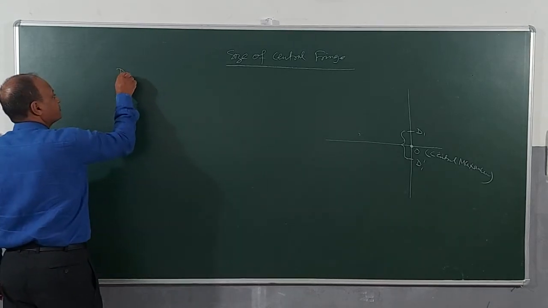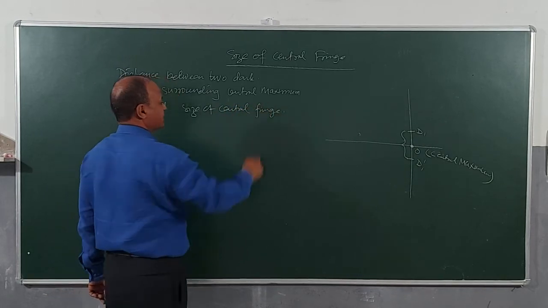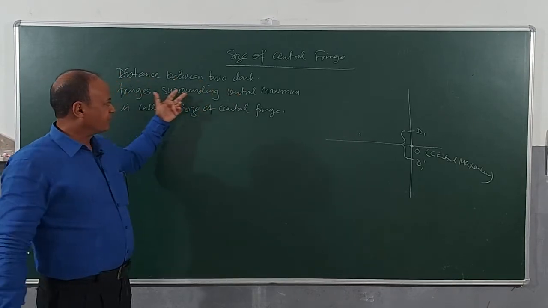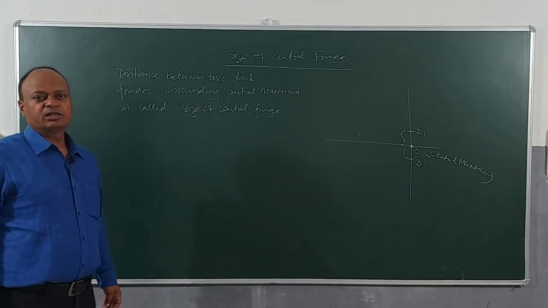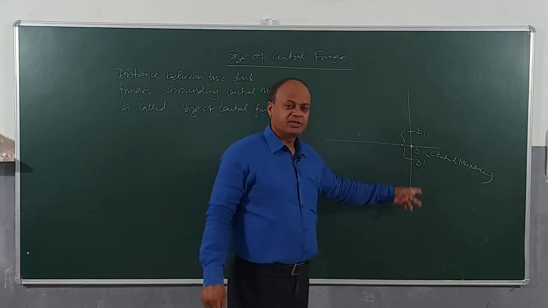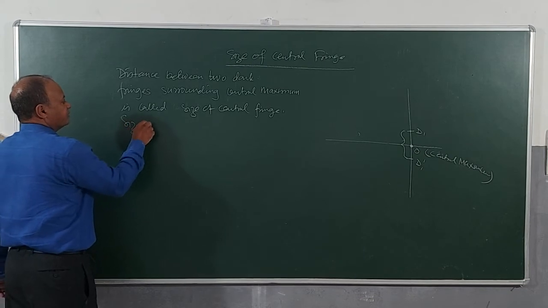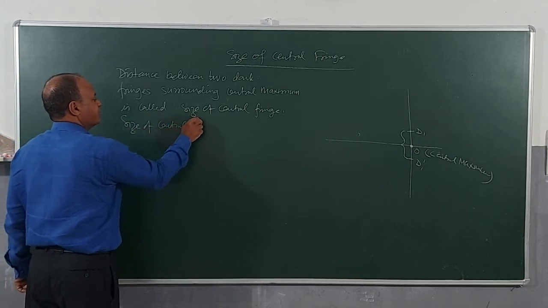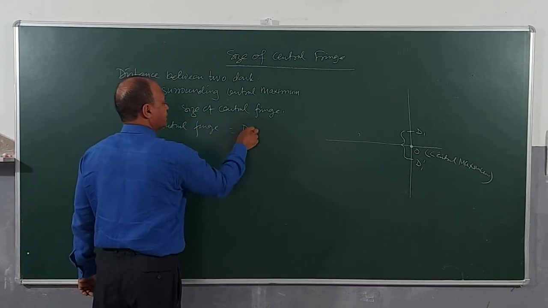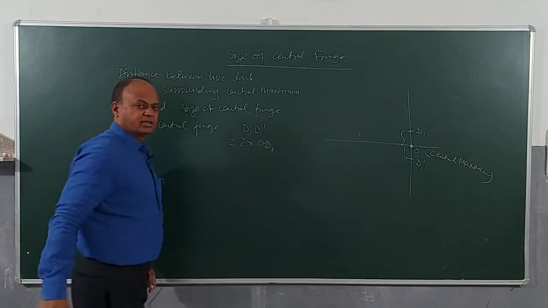Let us define it. Size of central fringe. Children, we define the distance between the two dark fringes surrounding the central maximum as the size of the central fringe, meaning the size of the central fringe is D1 D1 dash, and D1 D1 dash is twice OD1, right?